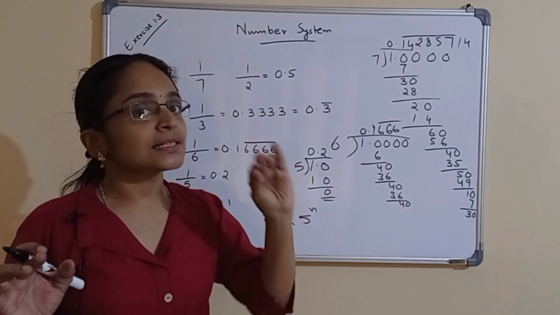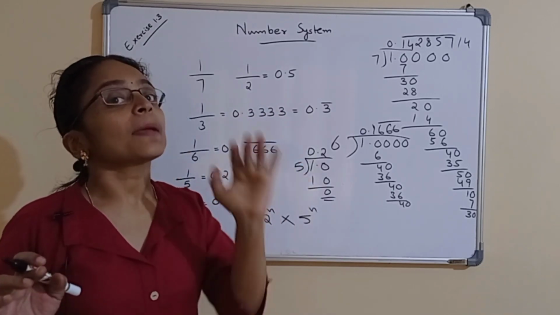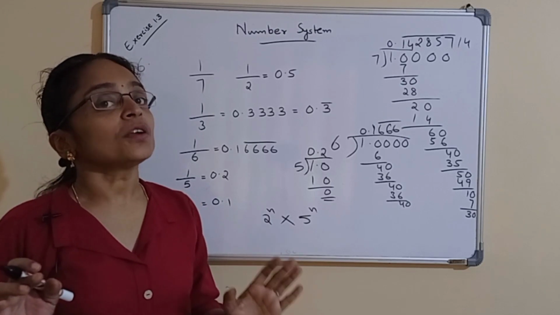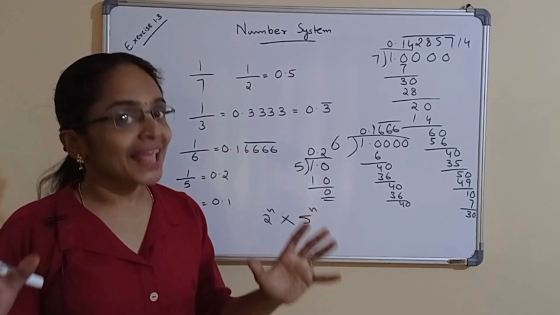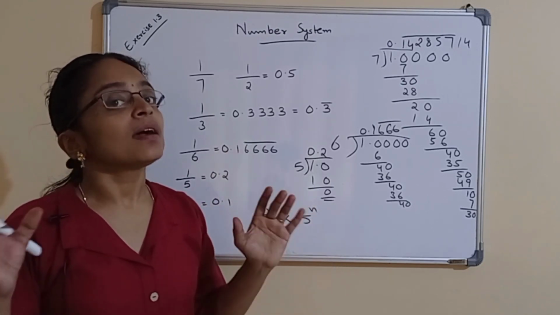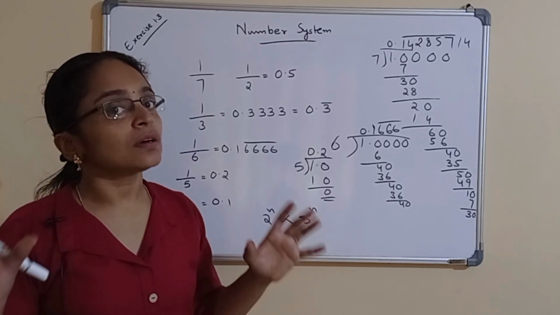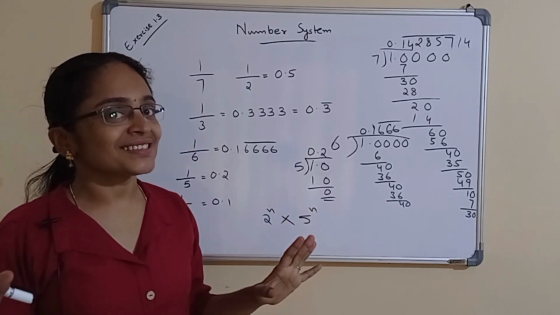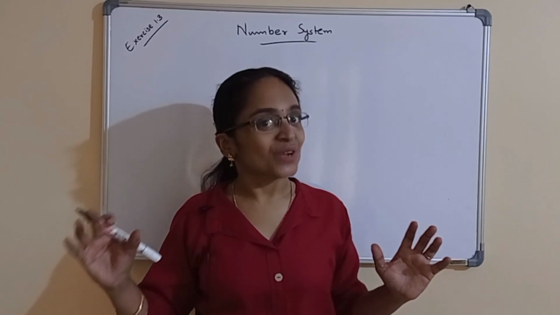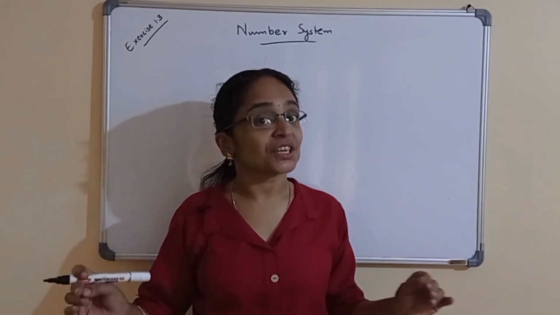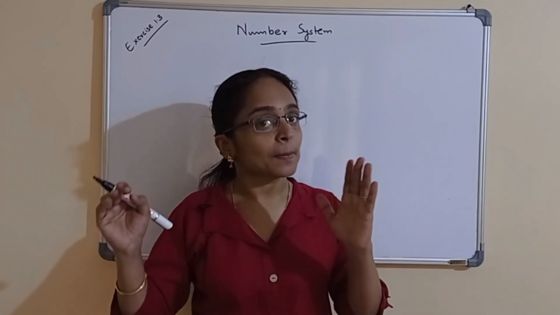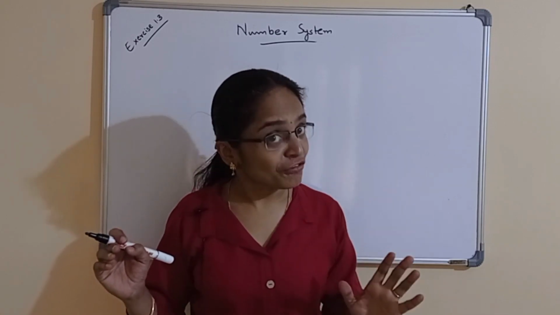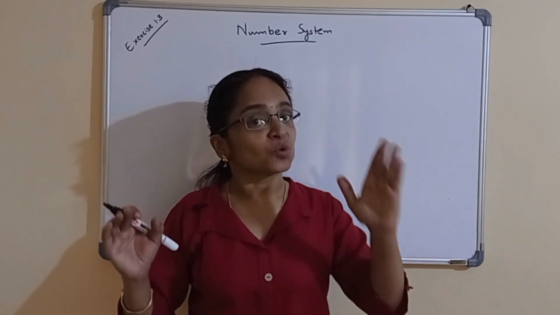The denominator is a power of 2 or a power of 5 or a power of both, then it will be terminating. Otherwise, it will be non-terminating repeating. Understood? So, for a rational number to have terminating decimal expansion, q must be either a power of 2 or a power of 5 or a power of both.